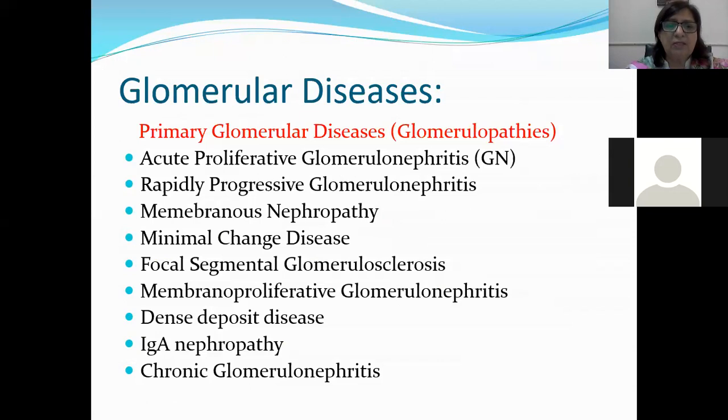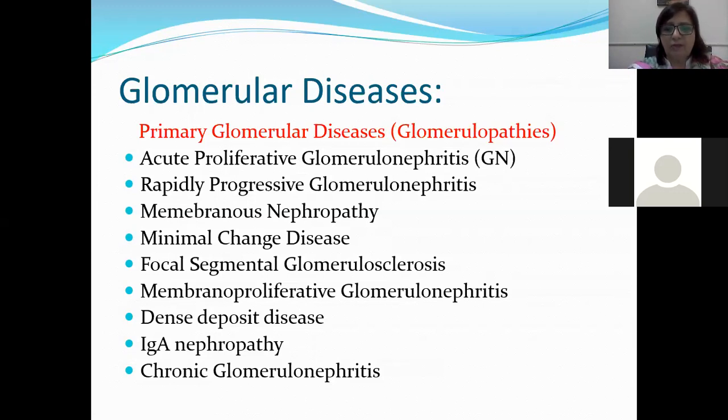Then dense deposit disease, IgA nephropathy, and chronic glomerulonephritis, which is because of the end stage of all of these diseases, can lead to chronic glomerulonephritis. So the primary glomerular diseases are acute proliferative glomerulonephritis, rapidly progressive glomerulonephritis, membranous nephropathy, minimal change disease, focal segmental glomerulosclerosis, membranoproliferative glomerulonephritis, dense deposit disease, IgA nephropathy, and chronic glomerulonephritis.